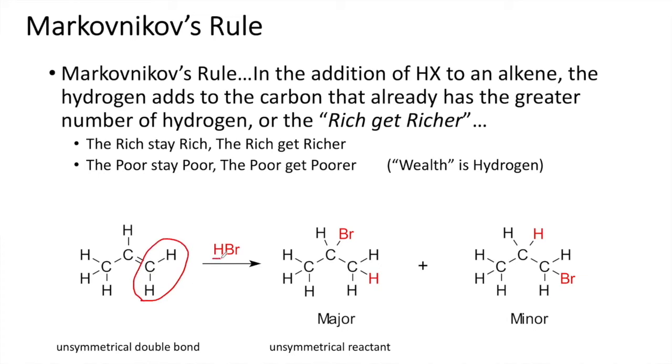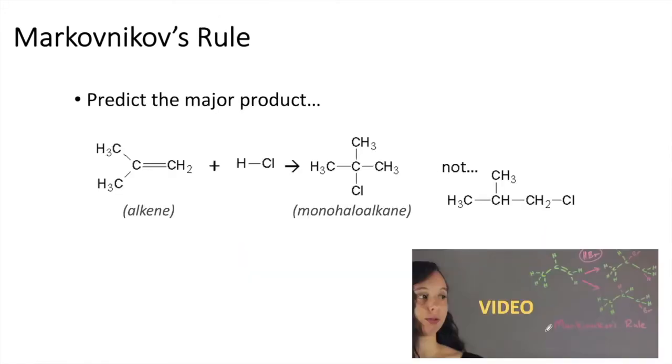So when hydrogen bromide is added, the hydrogen is going to want to add to the rich side, and then the bromine is going to be left to the other side. We call this the major product. This is the minor product, not that it's not going to be formed, but it just won't be formed as much.